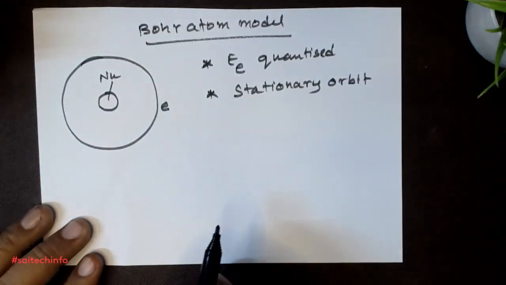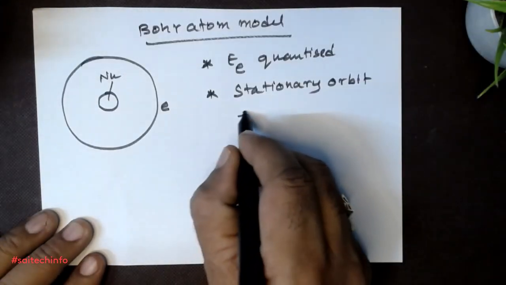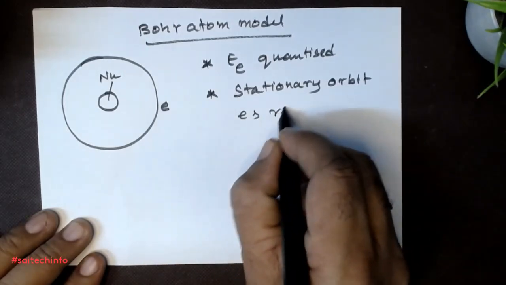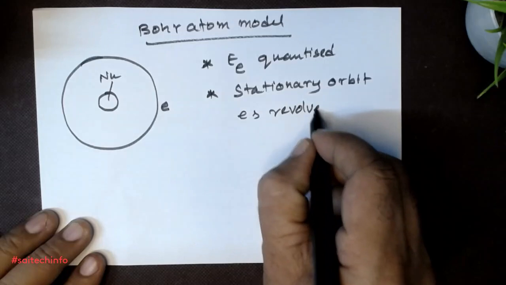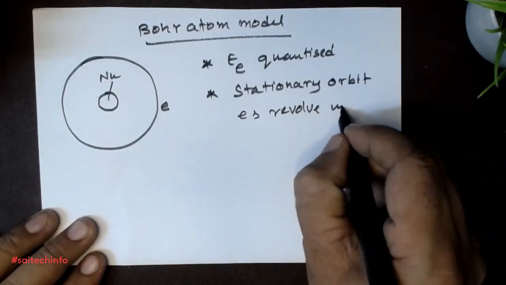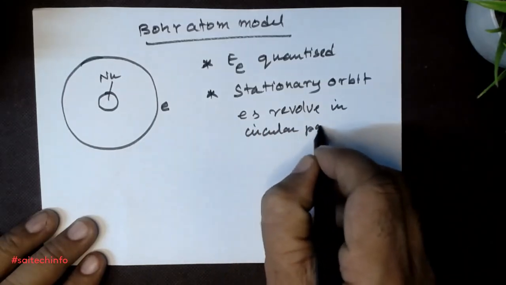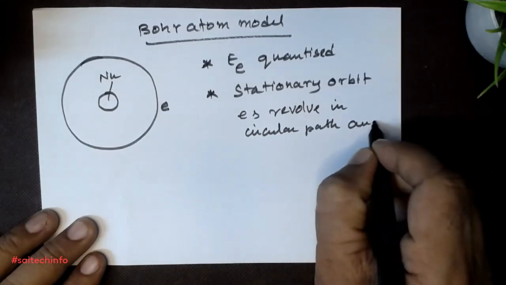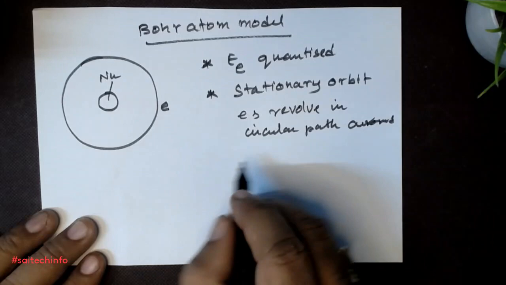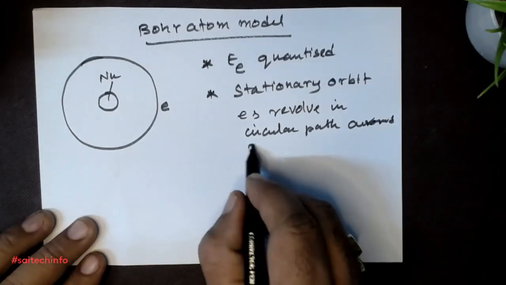Stationary orbit means these electrons revolve in a circular path around the nucleus.